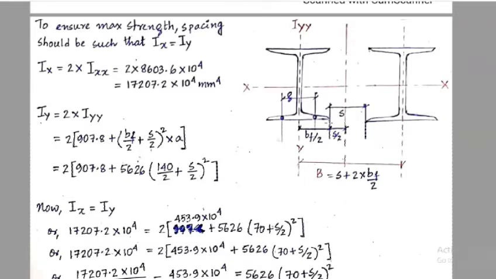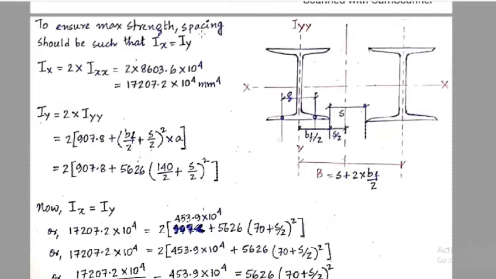Now you have to keep one thing in mind, that you cannot choose this distance arbitrarily. It has to be chosen in such a way that the built-up column has the maximum strength to withstand all the compressive loads that are acting on it. So in order to ensure the maximum strength of this built-up column, this spacing should be chosen in such a way that the moment of inertia about the x-x axis should be equal to the moment of inertia about the y-y axis.